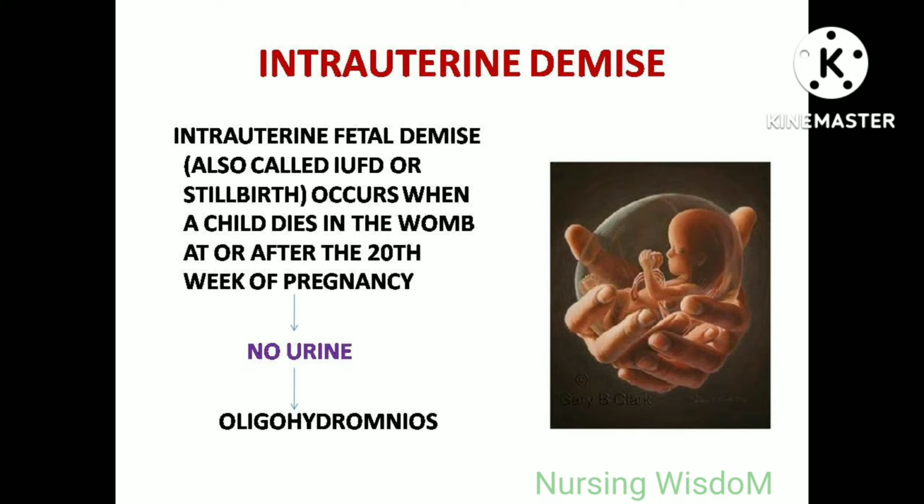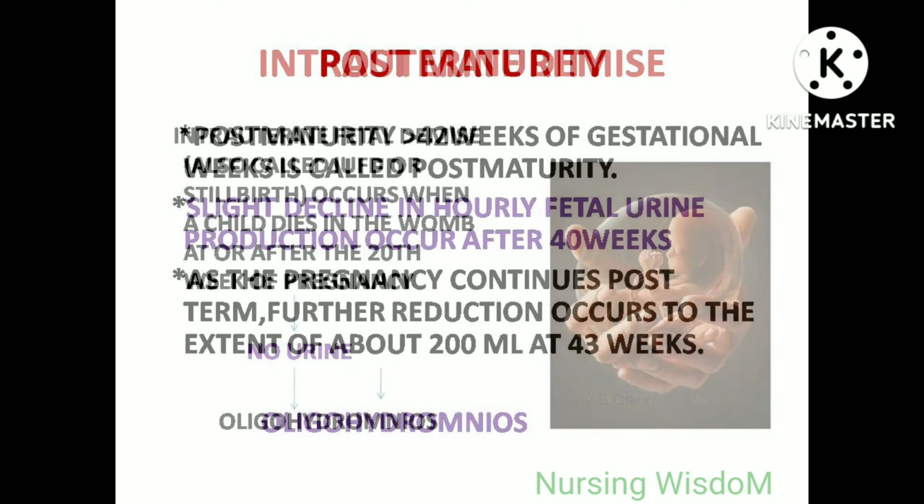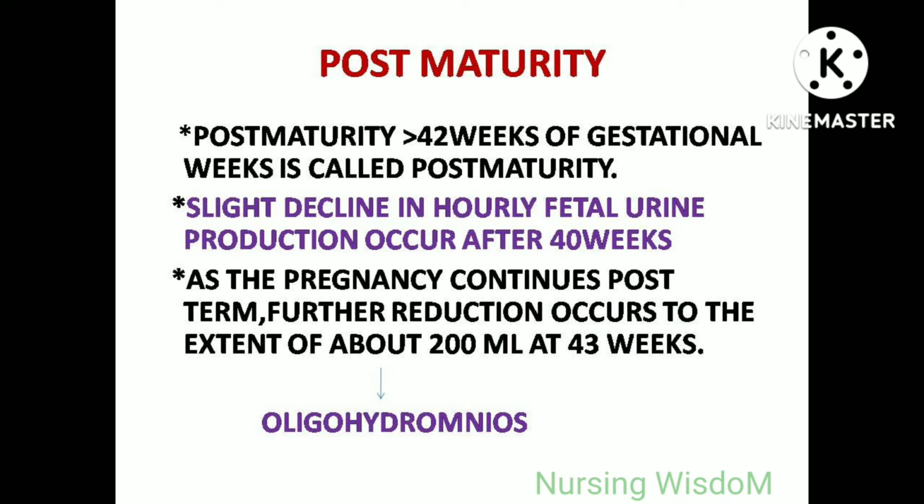Intrauterine demise. Intrauterine fetal demise, also called IUFD or stillbirth, occurs when a child dies in the womb at or after the 20th week of pregnancy. In this condition, the fetus has already died, so no urine production and will cause oligohydramnios. Post-maturity.